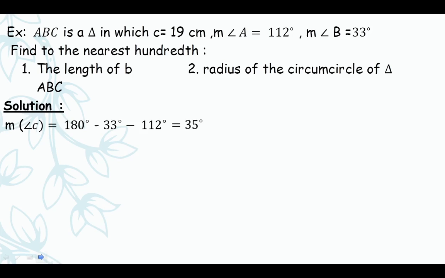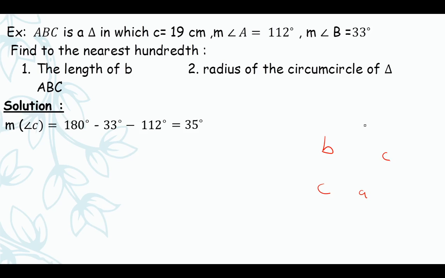Then the measure of angle C equals 35 degrees. In triangle ABC, this is a small, b small, and c small. Here, the measure of angle C equals 35 degrees.